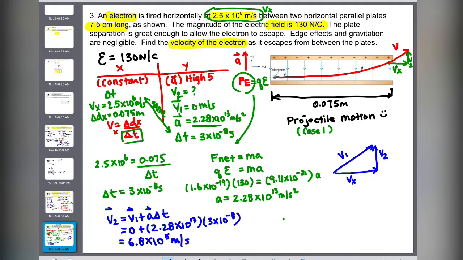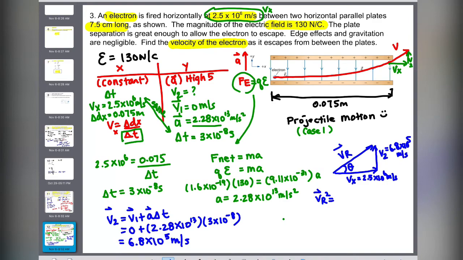So I finally need to find my resultant velocity, and I need to find the angle because it's a velocity. Vx in this case was 2.5 times 10 to the 6. V2y I just found to be 6.8 times 10 to the 5 meters per second. If you have a headache, you can pause the video and watch it again, okay?